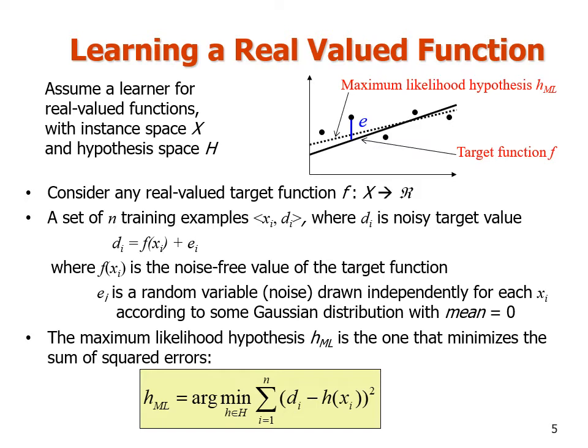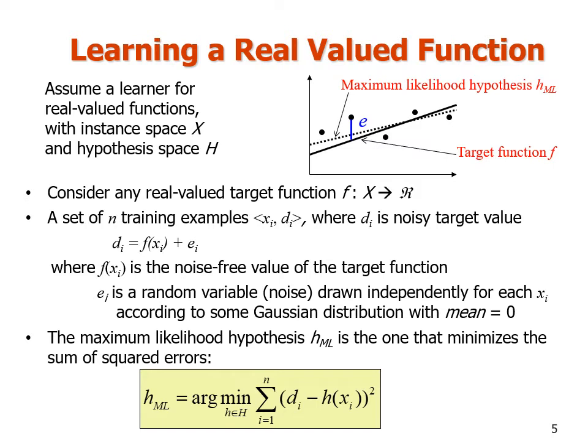Now, as I mentioned earlier, in this expression for HML, we do not have any term that deals with probability. We are not going into the details of the derivation of this expression, but to derive it, we need to use two probability terms, the probability density function and the normal distribution.